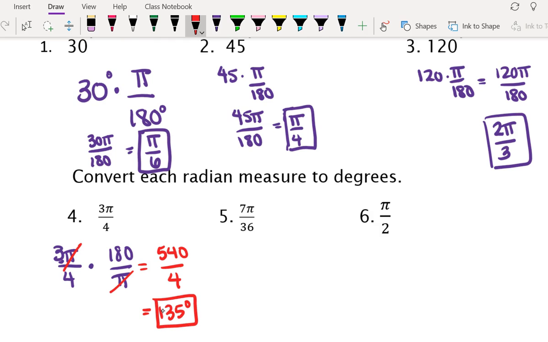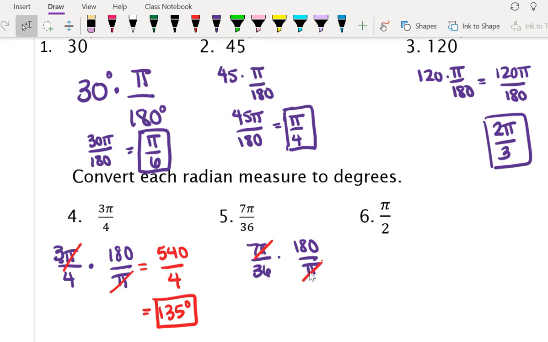Okay, if I take 7 pi over 36, which is an angle measure, it's just in radians, times 180 over pi, because I want pi to cancel, so put pi on the bottom because I have a pi in the top. I can't divide this as easily.